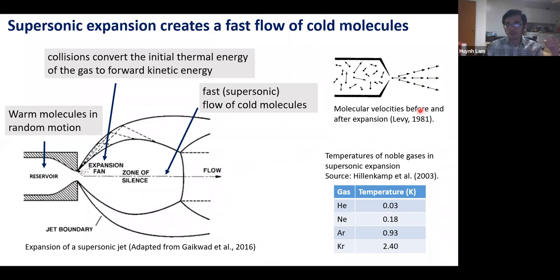When we expand, the initial thermal energy is converted into directional velocity. So the gas beam will move very fast, faster than the speed of sound, and that's why we call it supersonic expansion. In this table, you can see that we can cool several noble gases down to below 1 Kelvin by using supersonic expansion.